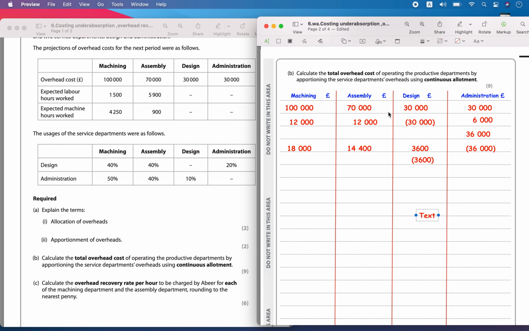So let's apportion this cost: 1,440, 1,440 and 720.